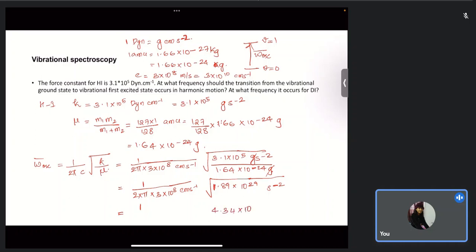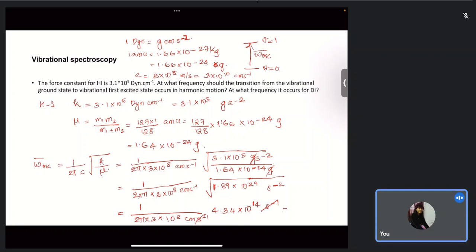That will become 4.34 into 10 to the power 14 second square inverse. The square root of second square inverse will become second inverse. So we have to divide it by 2 pi into 3 into 10 to the power 8 centimeter second inverse. These two will cancel out.